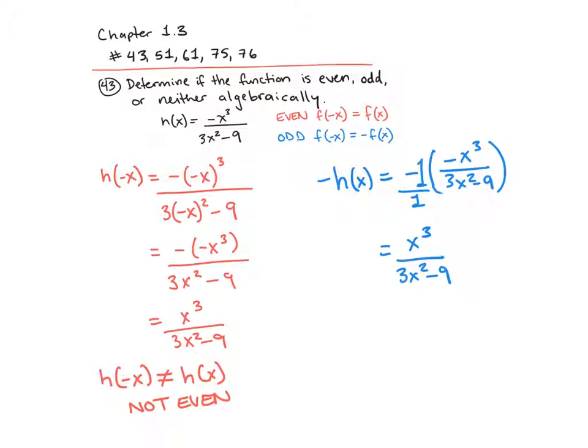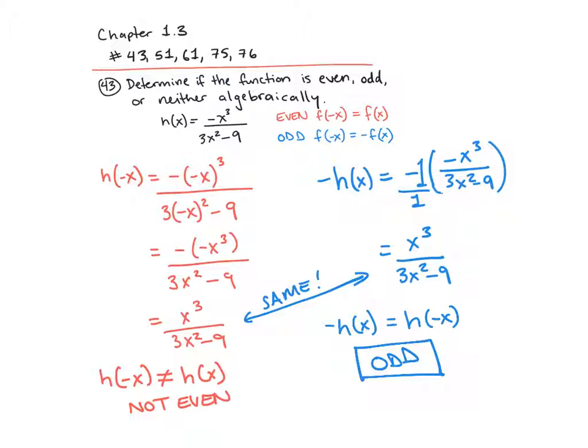Here's a negative function, here's with a negative input of x. Guess what? Those two things are the same. Woohoo! So I'm going to write down here, negative h of x equals h of negative x, which means this function is odd. Okay, let's go to 51.